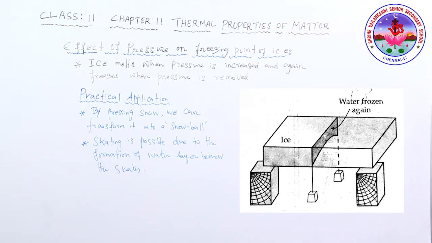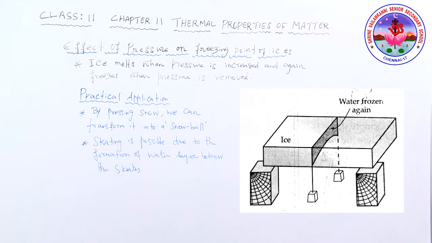Just below the wire, the ice melts at a low temperature due to the increase in pressure. When the wire has passed, the water above the wire freezes again. Thus the wire passes through the slab and the slab does not get split.